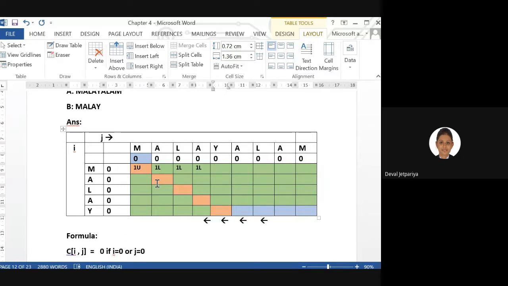So again there is no matching. We'll see left hand side 1, above 0. So what should be the answer? Very good.